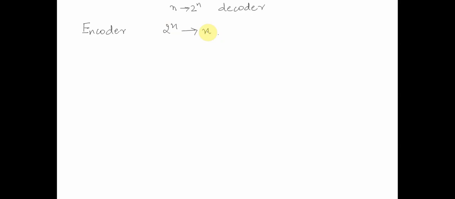An encoder has 2^n input lines and n output lines. So the block diagram of an encoder would be something like this, a 4 to 2 encoder, with inputs Q0, Q1, Q2, Q3, and then we have two outputs, O1, O0.